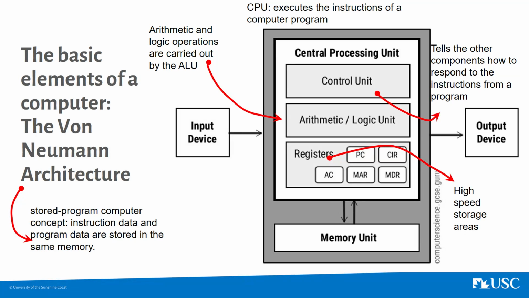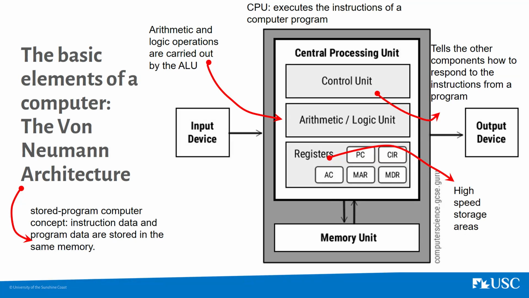There's the MAR, which is the memory address register, and this holds the memory location of data that needs to be accessed. There's the MDR, which is the memory data register, and this holds the data that is being transferred to or from memory.